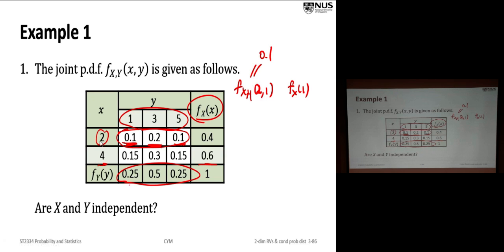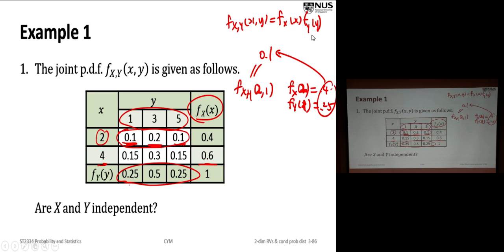X has to be 2, so f of x at 2 is equal to 0.4. f of y at 1 is equal to 0.25. Then the product of these two is equal to 0.1. So in other words, f of xy is equal to f of x times f of y when x equal to 2 and y equal to 1. So at least for this point, it's correct.